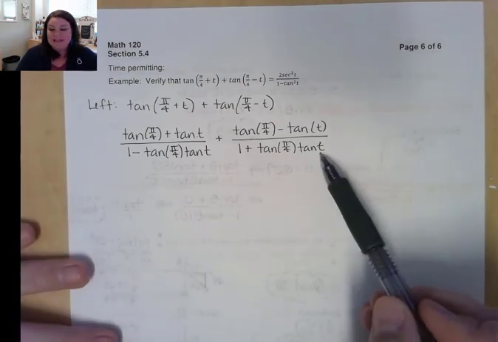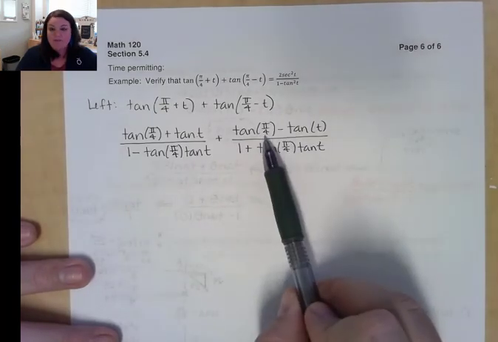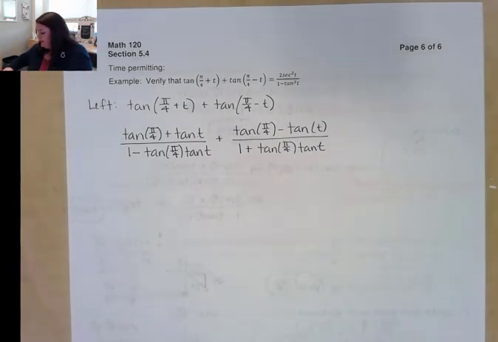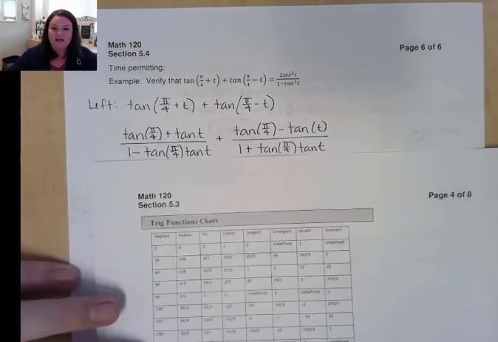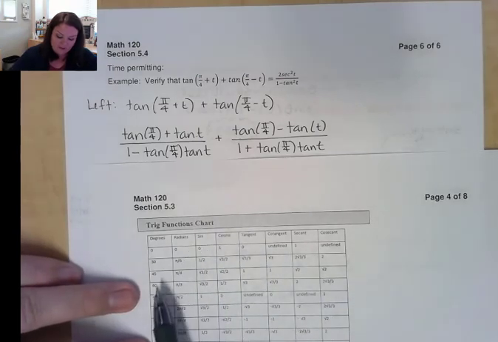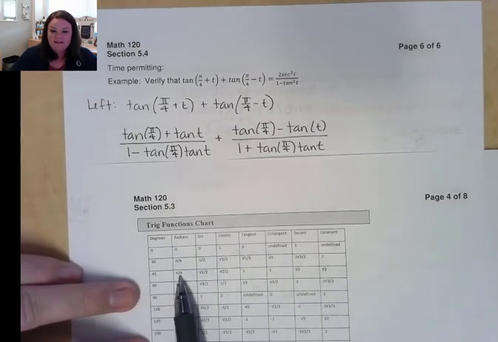I don't know what t is, so I can't do tangent of t, but I should be able to look up pi over 4. Pi over 4 is a 45-degree angle, right? So I'm going to find my paper here that has my values. So I look up in degrees a 45-degree angle, or it even has the radian measure here.